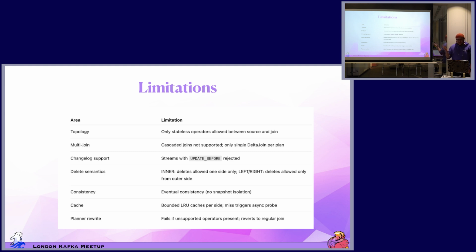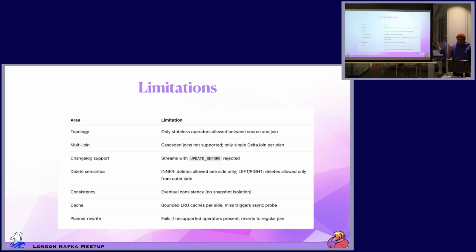Then delete semantics is another technicality, so only one delete on one side is supported, still related to this limitation. And consistency, we will get to this later, because it's hard to explain just in words, so I prepared a diagram.